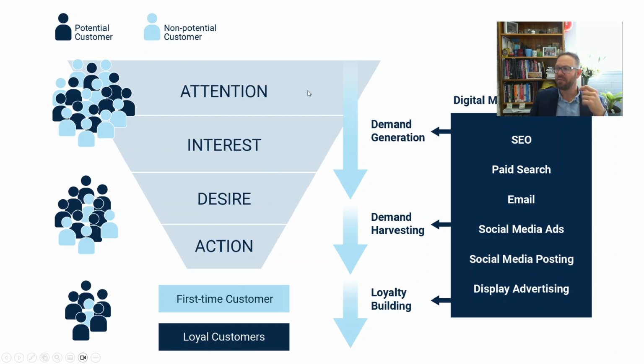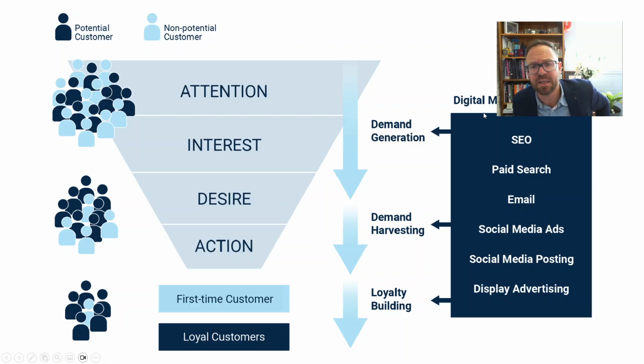Now, the first two parts at the beginning of this model, attention and interest, are about demand generation. Converting the interest into desire, so they actually want the product, and then action, so they actually buy the product, is demand harvesting. Turning first-time customers into loyal customers is about loyalty building.